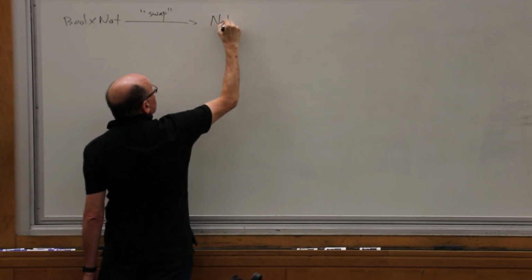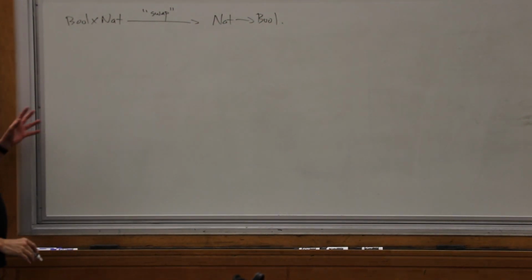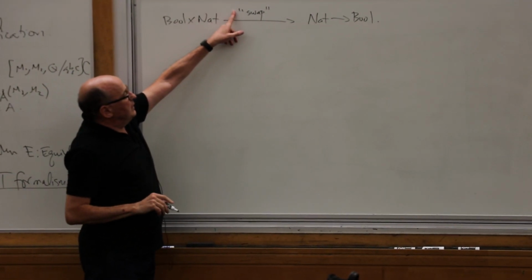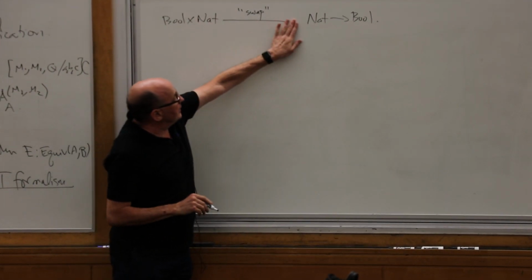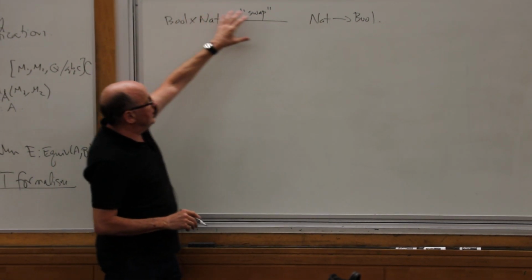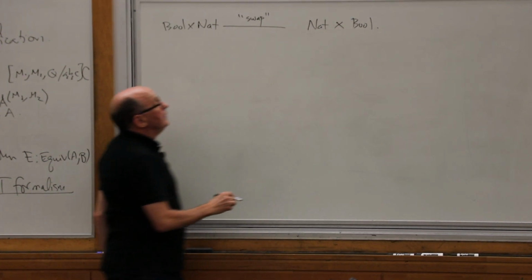The nat cross bool expresses two major pieces of information. One is that this is a type, and the other is that its left endpoint is bool cross nat, and its right endpoint, oops, that should have said nat cross bool.